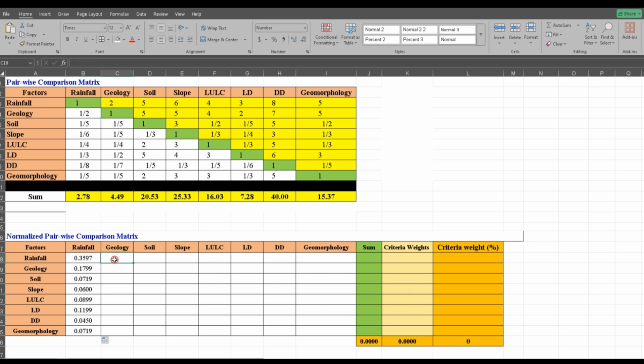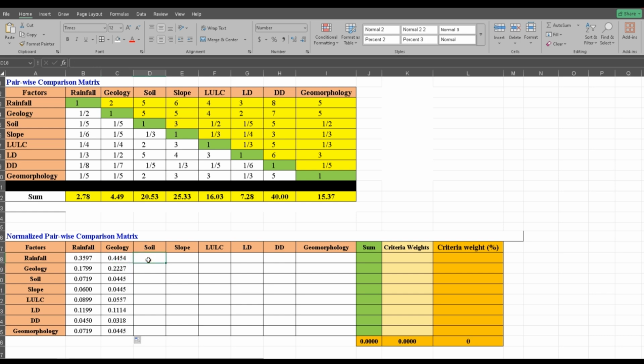Again, under the geology column, the value of this cell is equal to C3 divided by the sum of the geology column, which is 4.49. In the same way, you can calculate the value of each cell under the geology column.